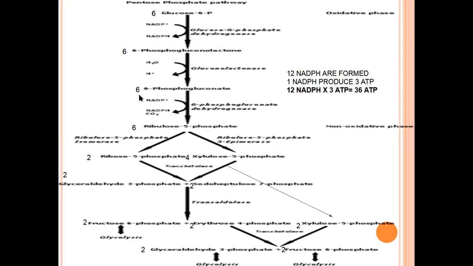Now the next reaction: 6 molecules of 6-phosphogluconate convert into 6 molecules of ribulose 5-phosphate in the presence of 6-phosphogluconate dehydrogenase enzyme.